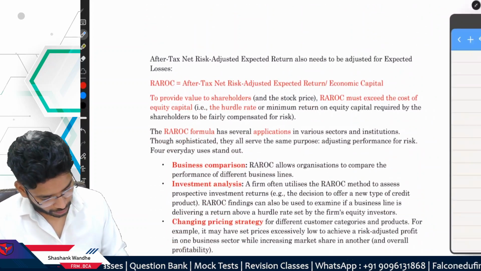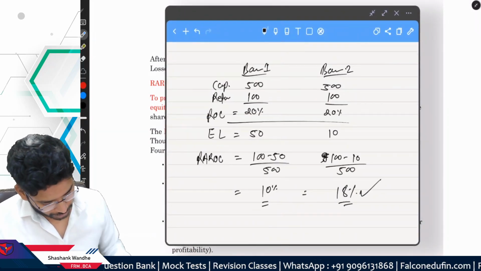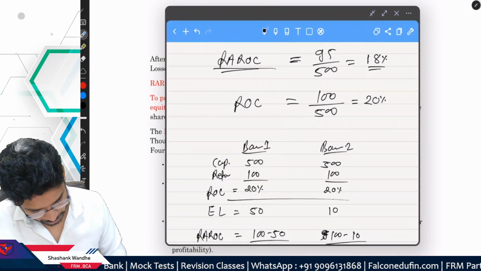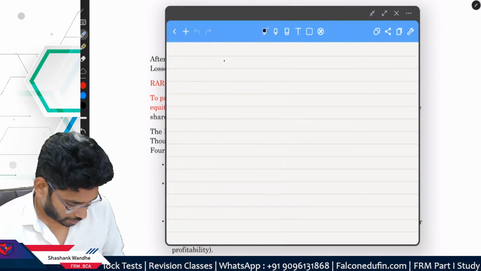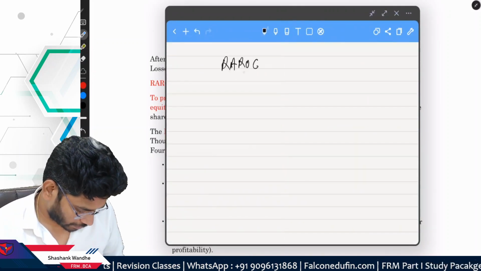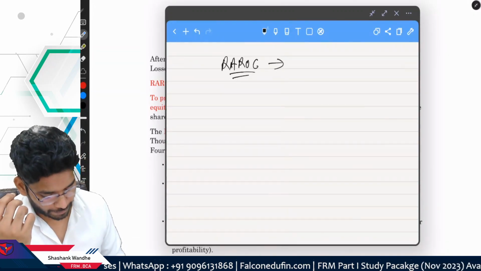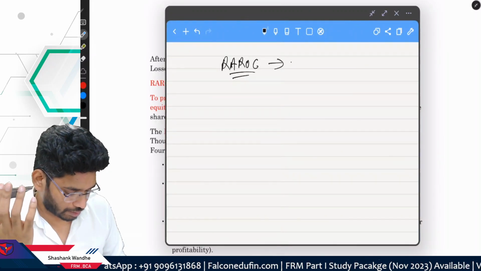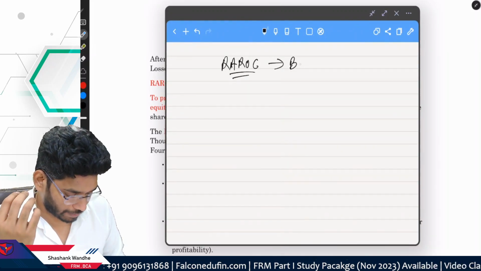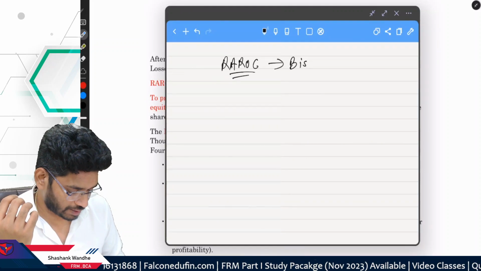Now RAROC is used for multiple purposes. Okay, so first of all, in case of taking business decisions, so investment decisions.